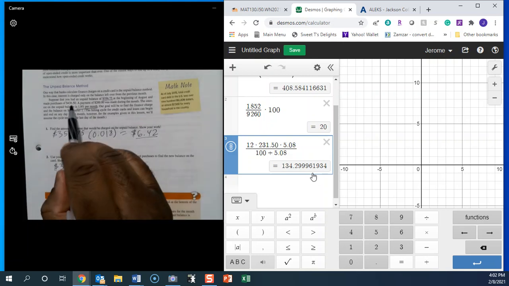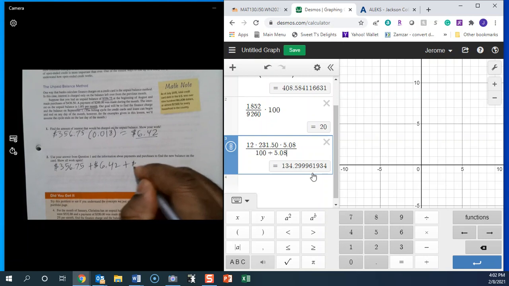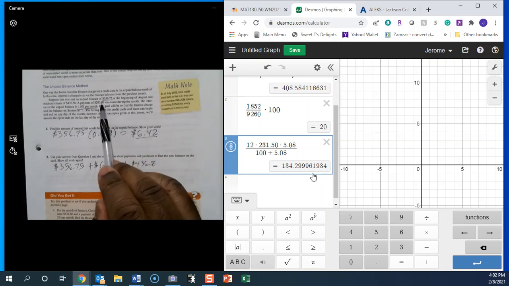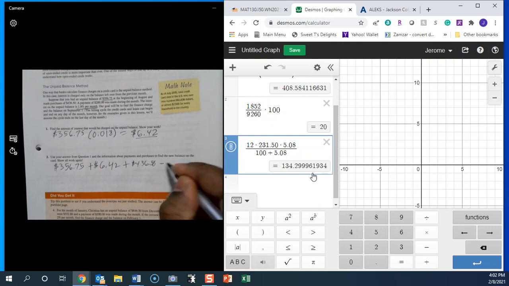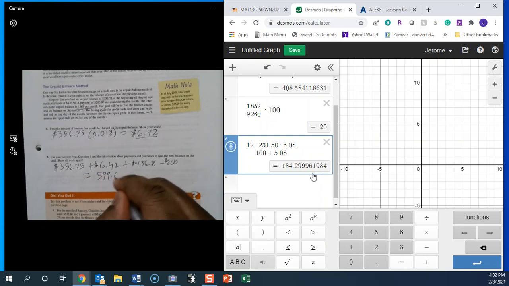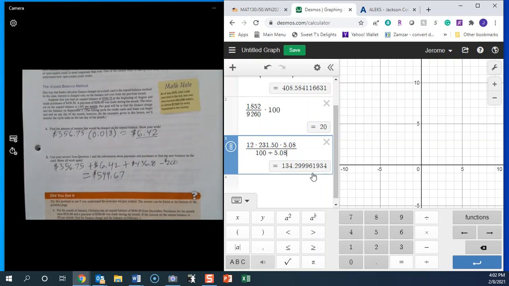Plus, remember, you were told here you made purchases, so you know that increases the credit card. And then it says here you had a payment of $200, so you'll subtract off $200. Now, after you do all of that, you end up with $599.67 on the credit card. Okay, now we move on to the next page.